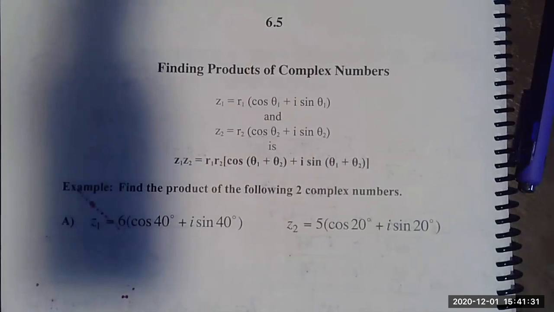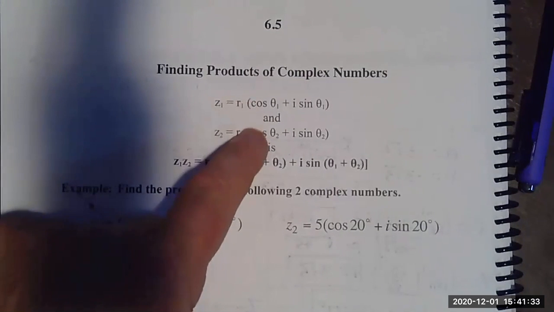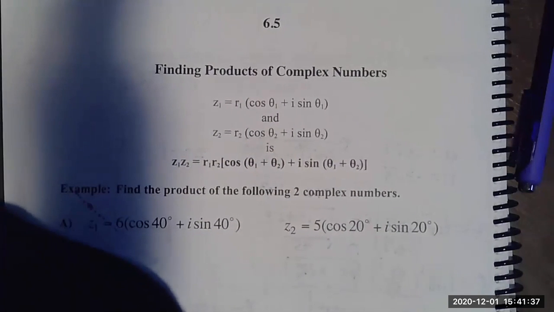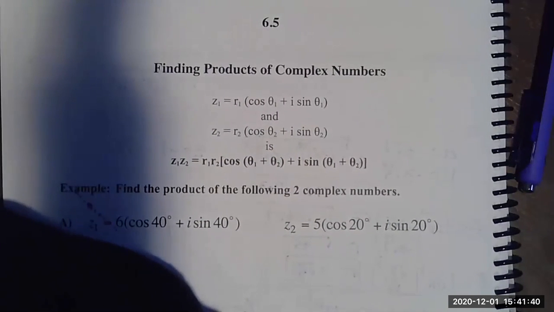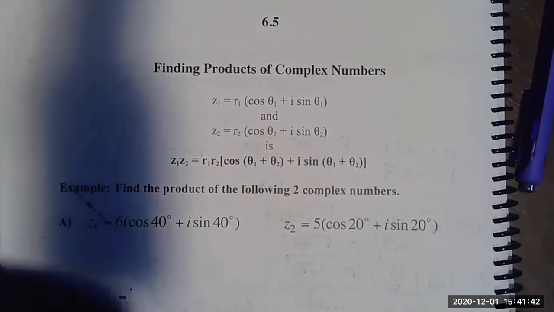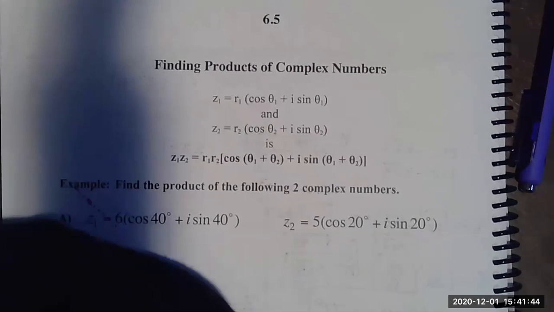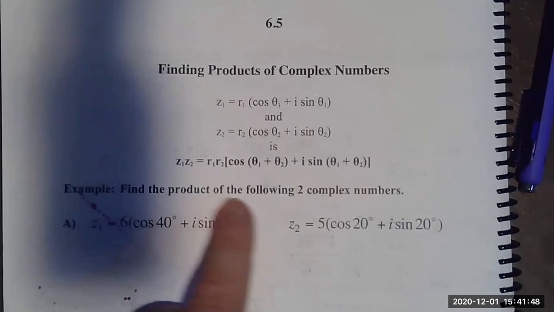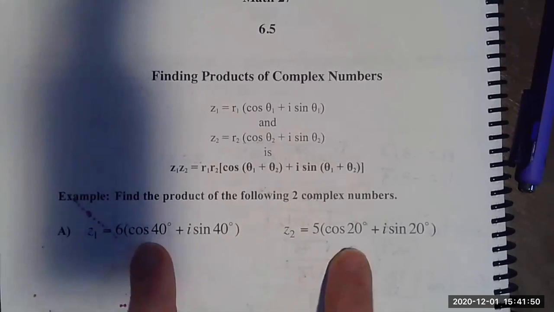So this is polar form of complex numbers. To multiply numbers in polar form, that's what this is going to be teaching you, instead of rectangular form, which you've already been taught back in 2.1. So find the product of 2 complex numbers. Here's 1, here's 2.